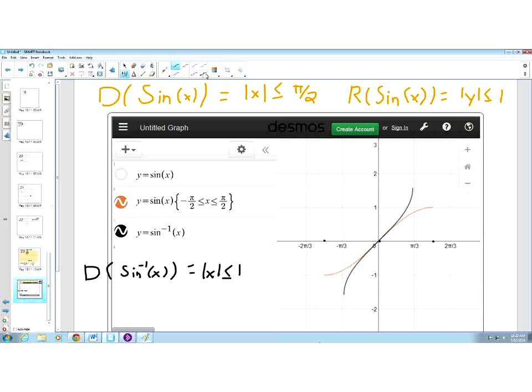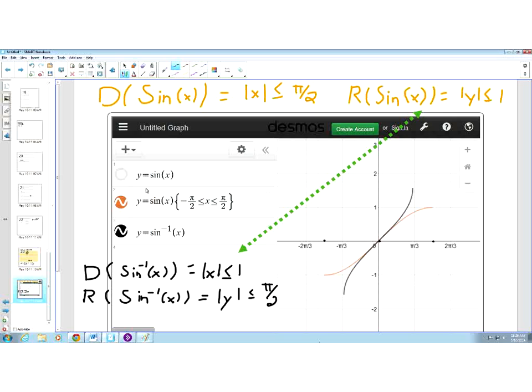So when we take the inverse of a function, we're effectively flipping the domain and the range. Likewise, the range of the inverse sine function is the absolute value of y is less than or equal to pi halves.